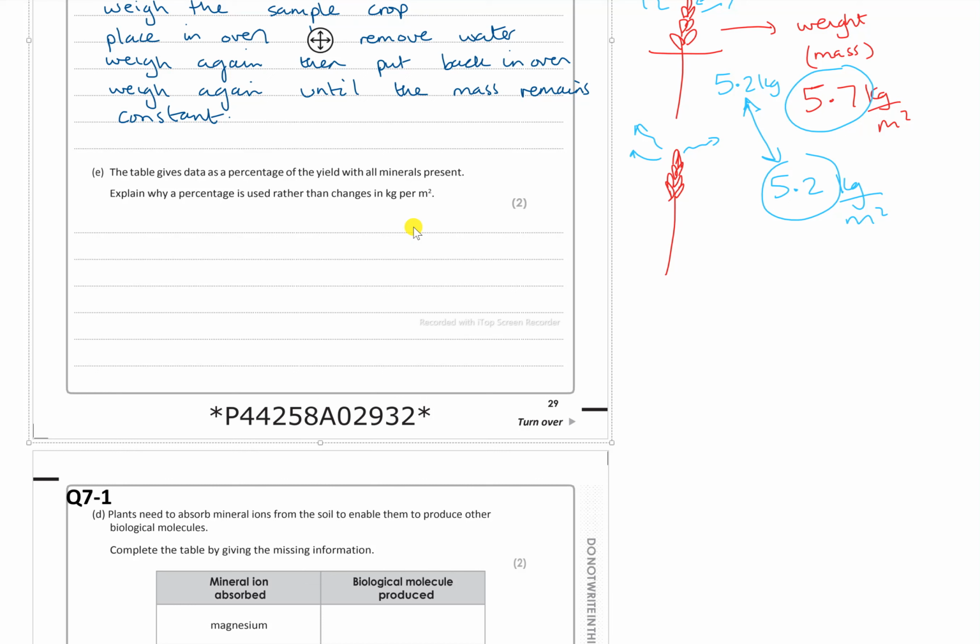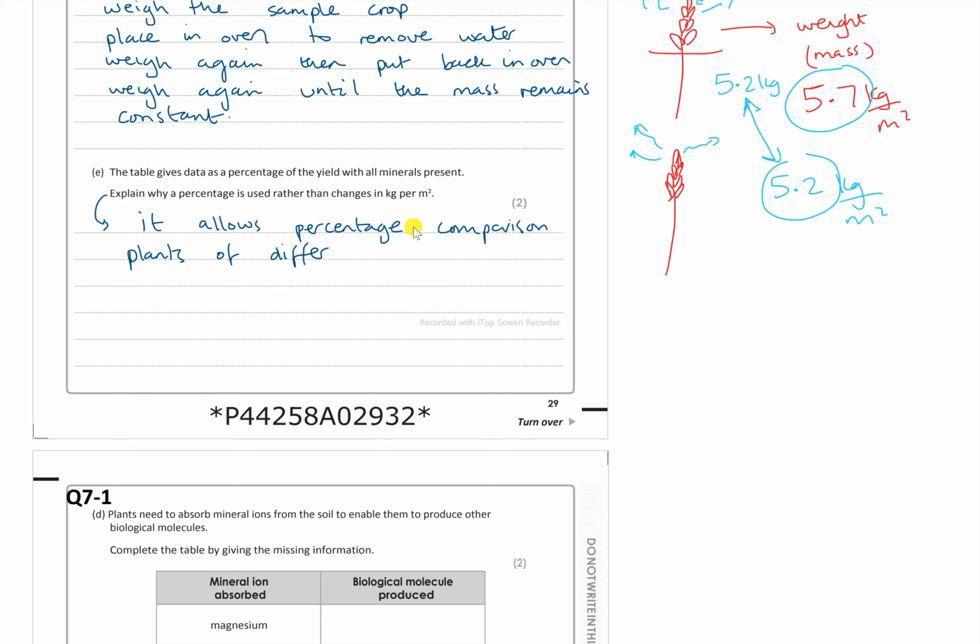In this case, it allows percentage comparison because plants can be different sizes.